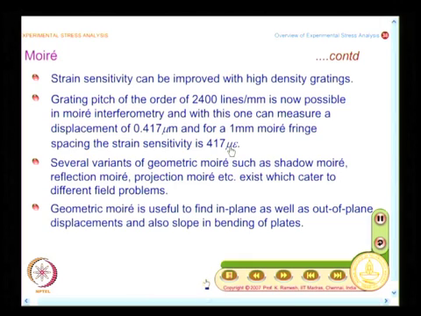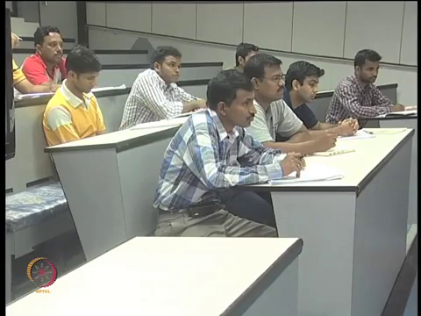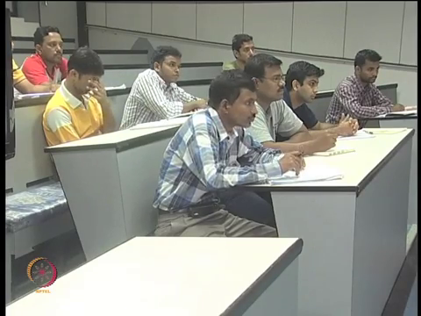It is still large, because I said we live much below 2000 micro strain for most of our practical requirements, and we may operate around 500 micro strain for many of our strategically important components. So, if Moiré sensitivity cannot go below that, for measurement in those regions you have to look for other techniques, and we have already seen that with strain gauges you are able to measure up to 1 micro strain. Now, even 0.5 micro strain reliable measurement is possible.